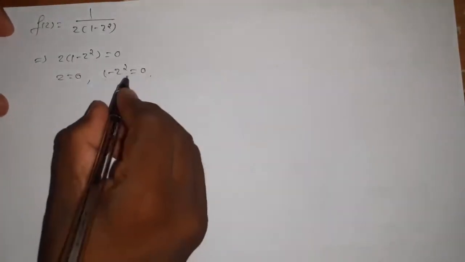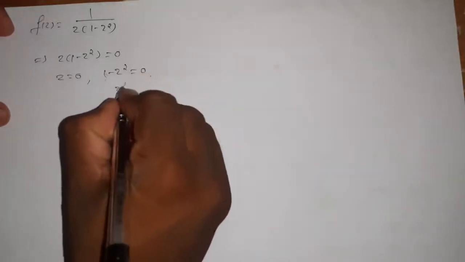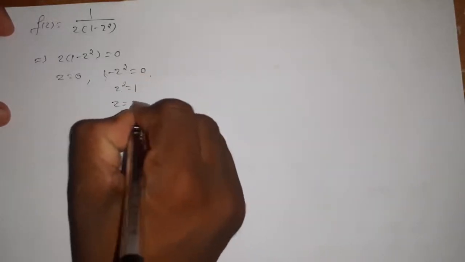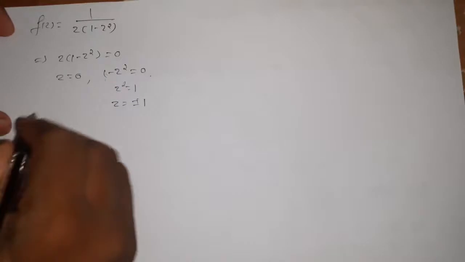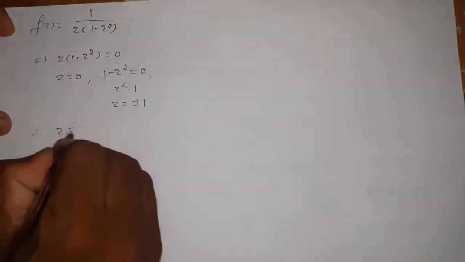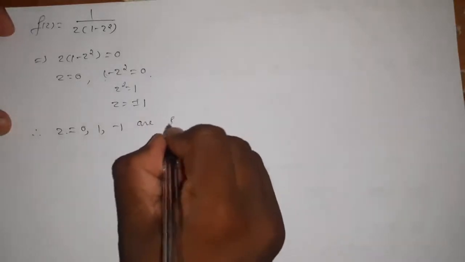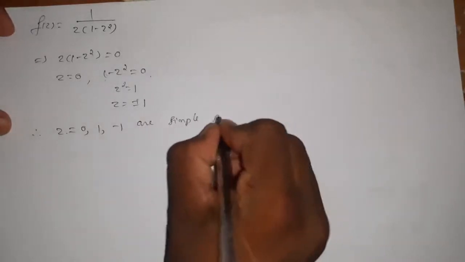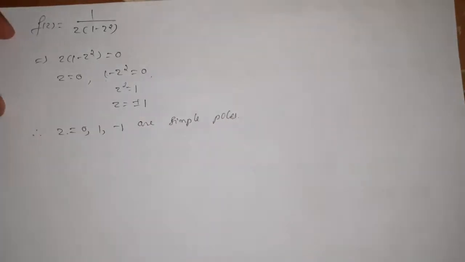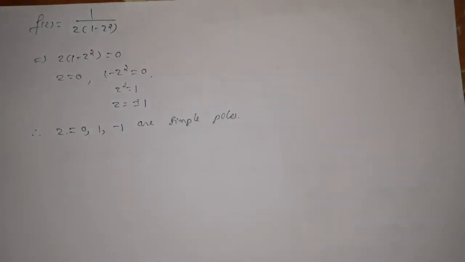By solving 1 minus z square equal to 0, we can write z square equal to 1, then z equal to plus or minus 1. So therefore z equal to 0, 1, minus 1 are simple poles, because all of them have powers equal to 1. So hence they are called simple poles of the given function.